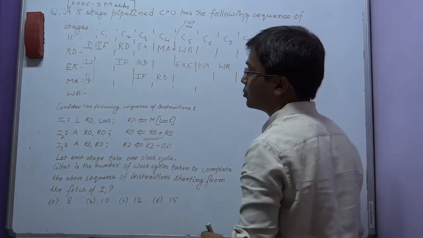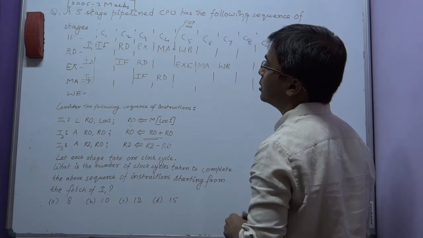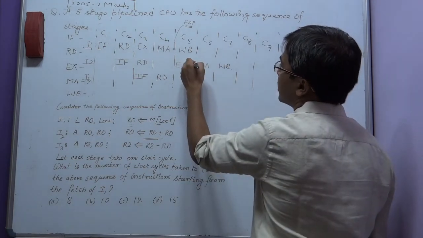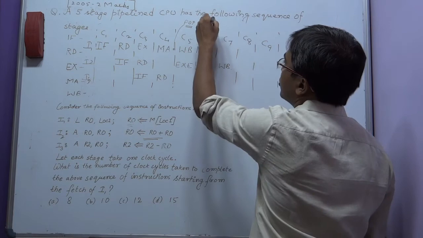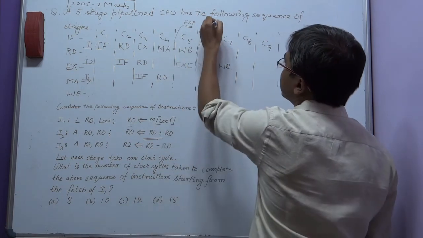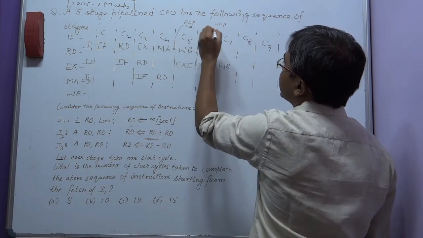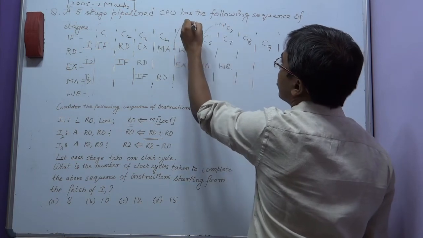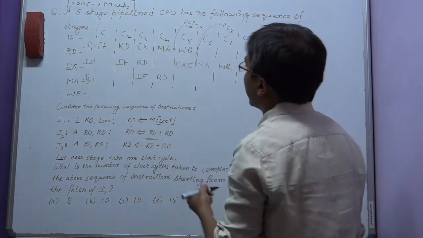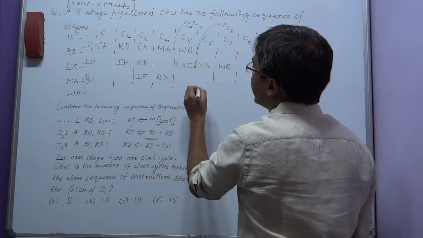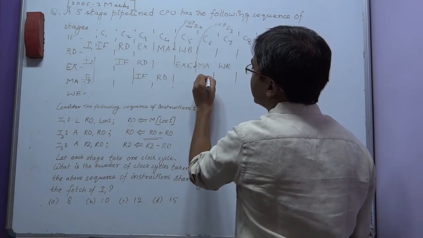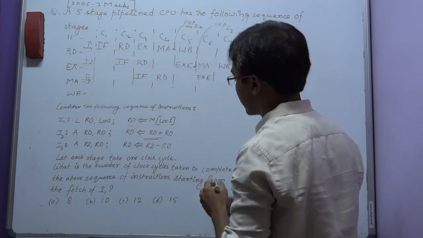The new value of R0 would be made available by I2. So this is the point of production for the value required by I3. This is the point of production required by I2. So after this point, execute of I3 can be scheduled.